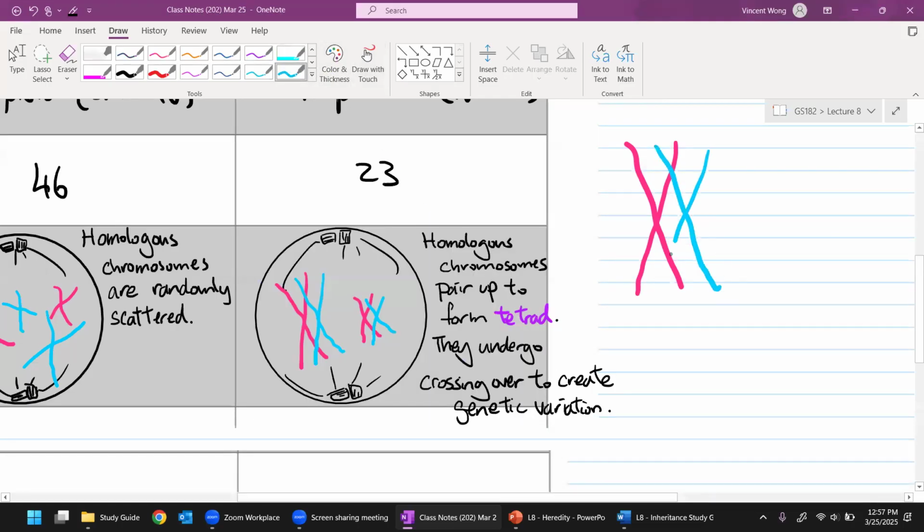Okay, so these are chromosome 1 from mom and dad, and they pair up, and then they form the tetrad.